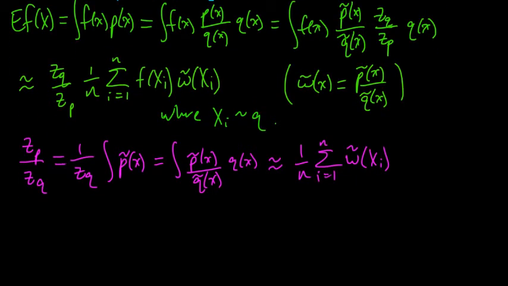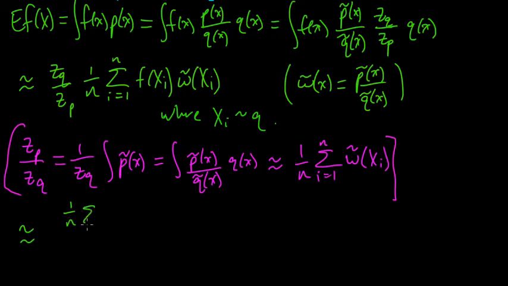So if we plug this approximation in, this green part, let's say that was just an aside, and we continue the green line, we can approximate this further by this divided by 1 over n sum of w tilde xi, which is Zp over Zq.